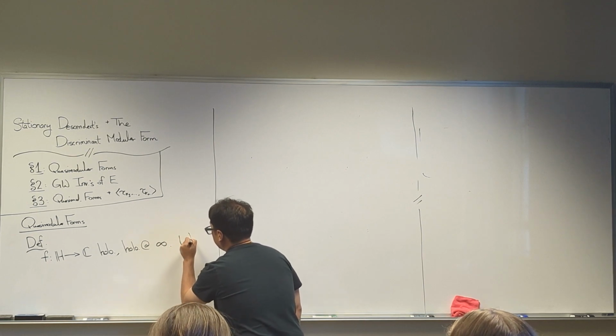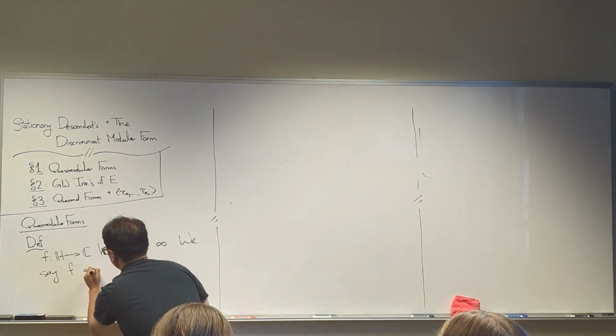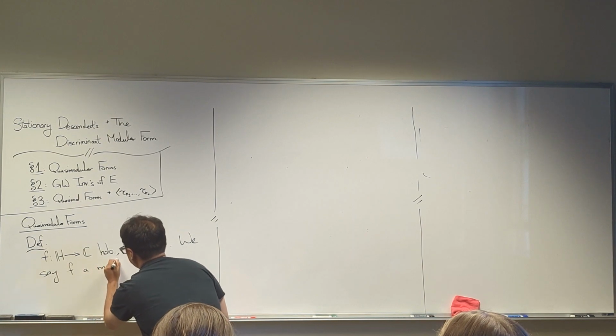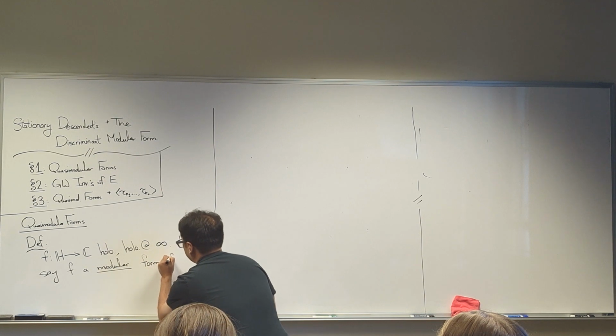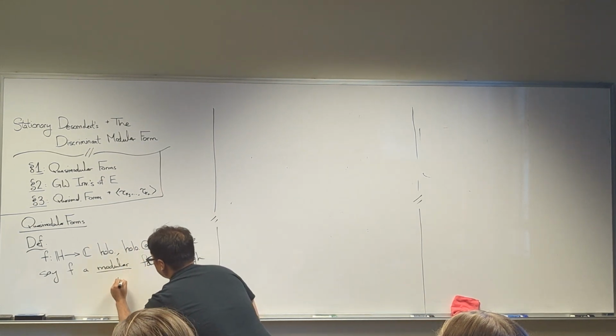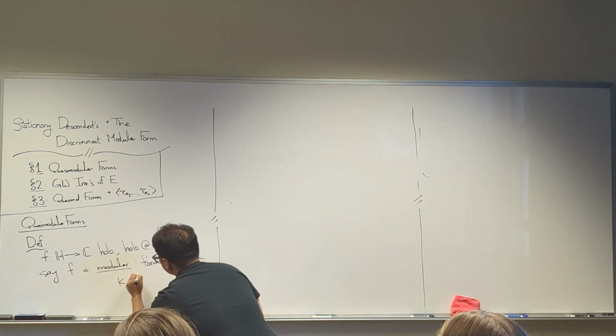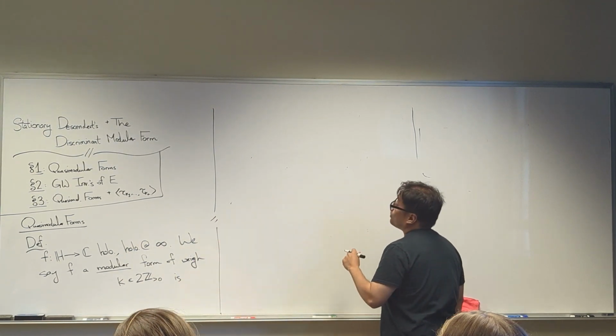So we'll say f is a modular form of weight k, where k is going to be some positive even integer, if f satisfies the following transformation property.